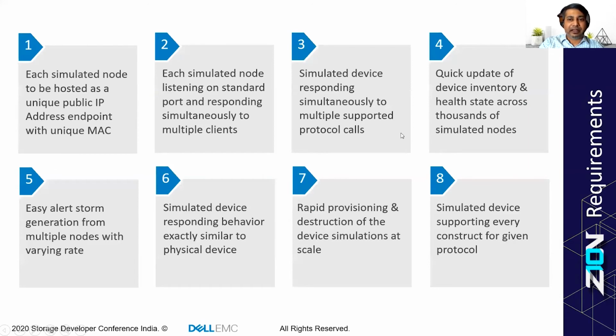So these were a few high-level requirements that we had from the simulated solution. We wanted, as I just mentioned, a unique MAC address or a unique public IP address endpoint.